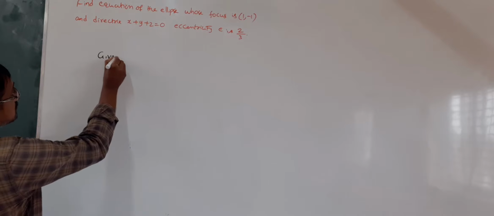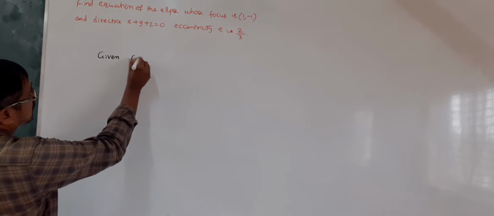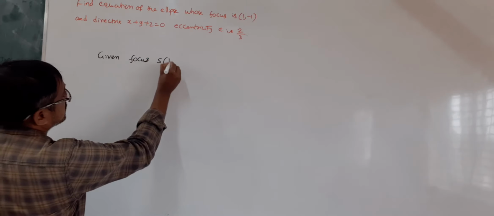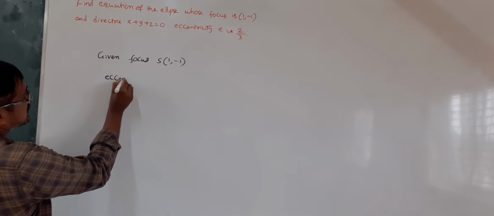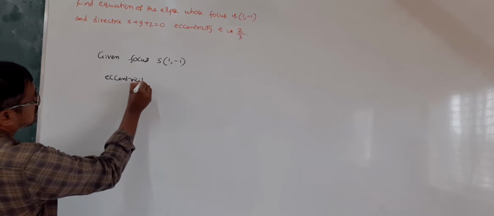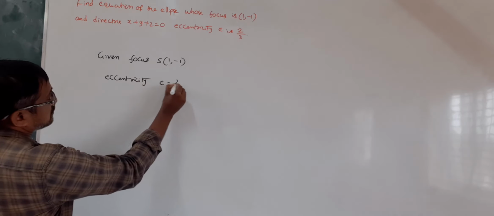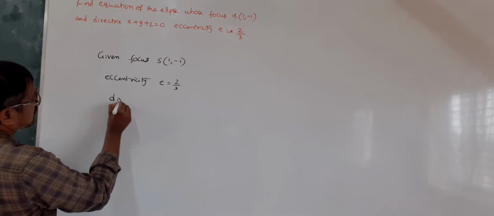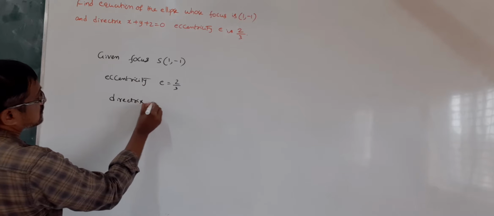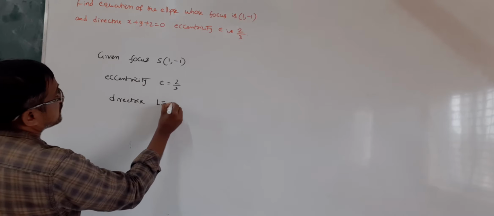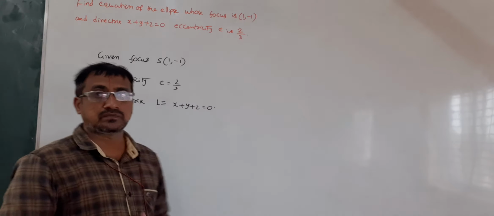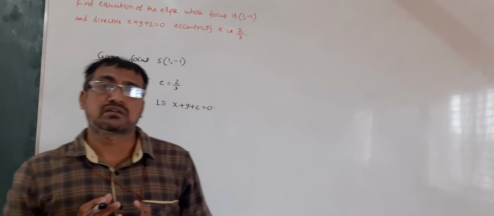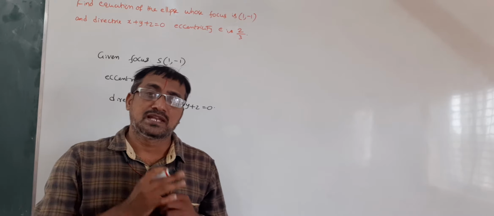Given that focus S is (1, -1), eccentricity e is equal to 2 by 3, directrix is x + y + 2 = 0. Now you have to find the equation of ellipse.